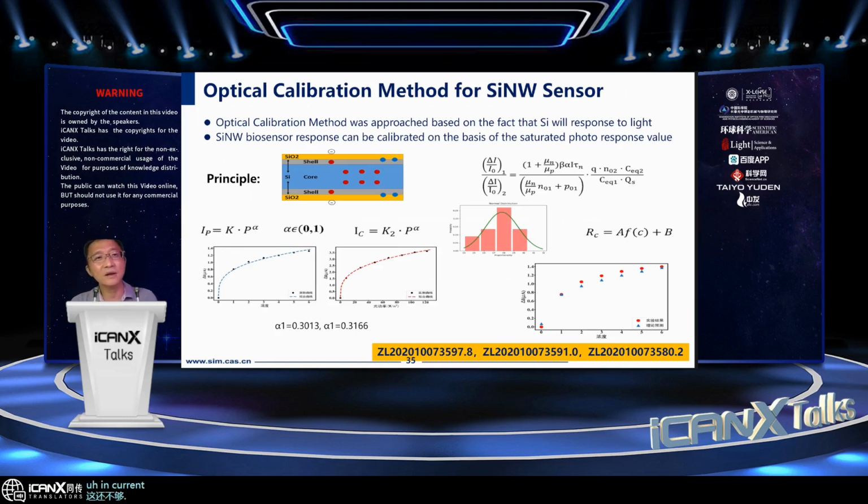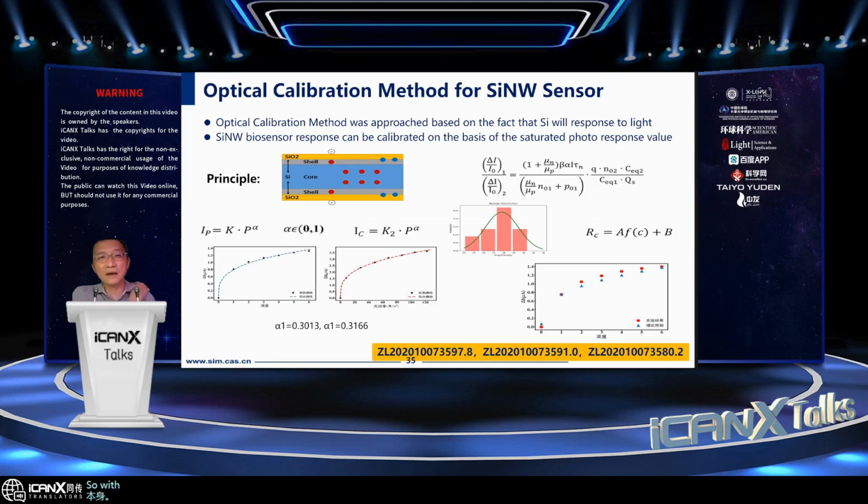In recent years, we have developed some methods to calibrate our sensor. As I have said, the sensor is so sensitive. It is sensitive to a lot of things. So we just want to make it sensitive to what we want. And we found a way to calibrate with the optical response of silicon itself.